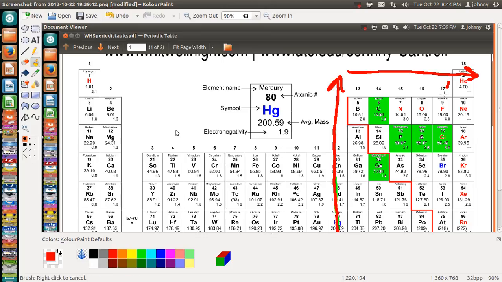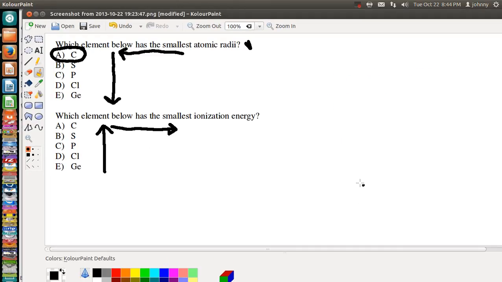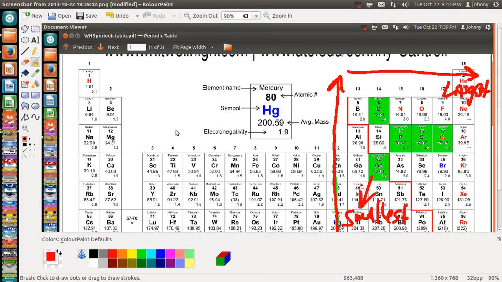So, meaning the largest would be up here, and the smallest would be down here. So, looking at that, the one smallest would be GE. So GE would be our smallest ionization energy because it's the one furthest to the left, lower left. Lower left is the smallest, and the top right is the largest.